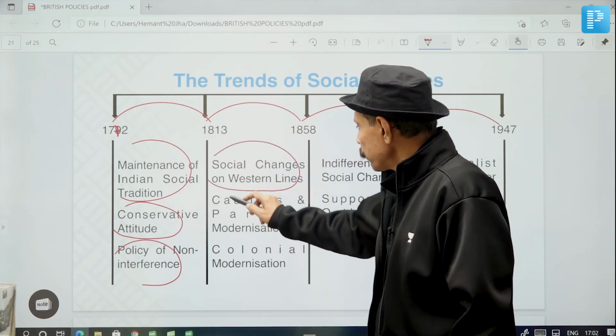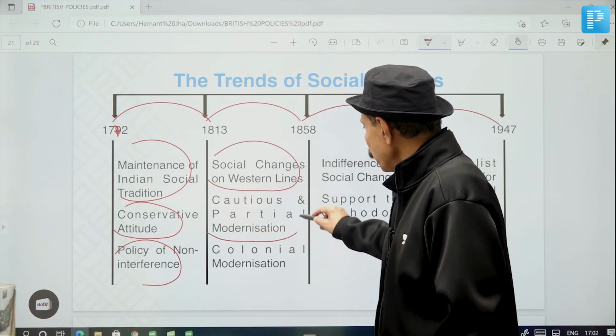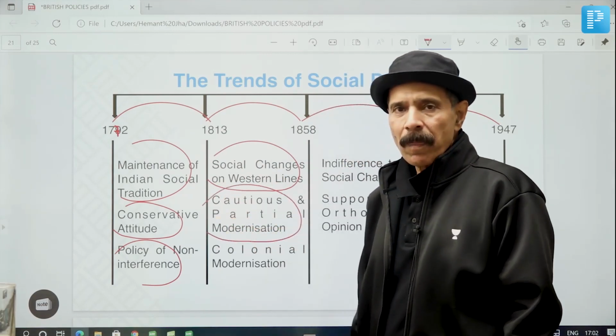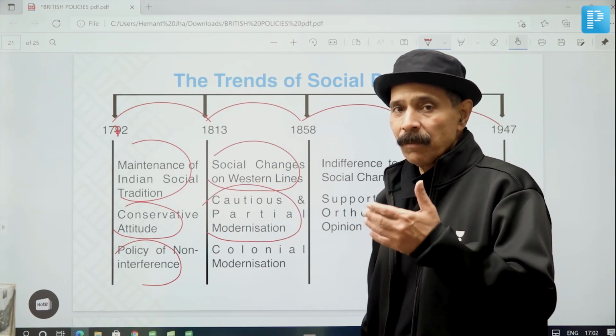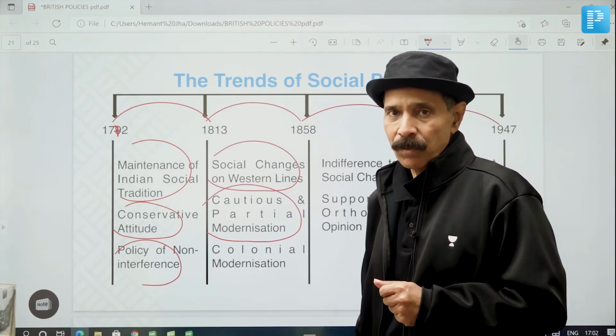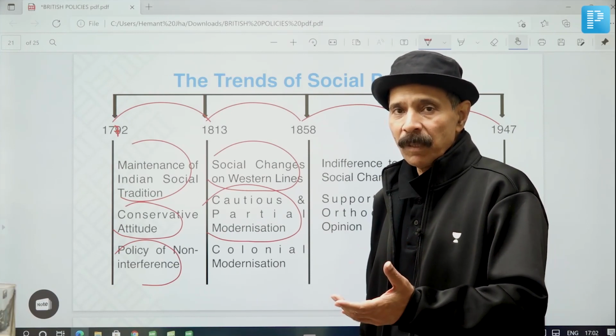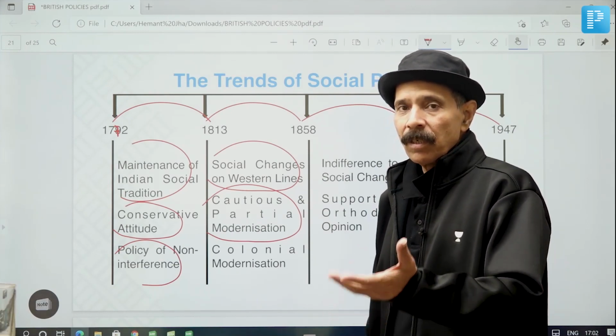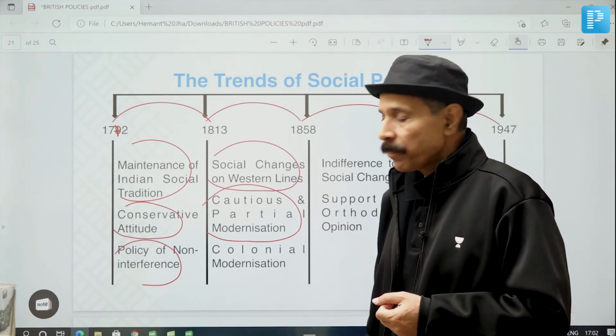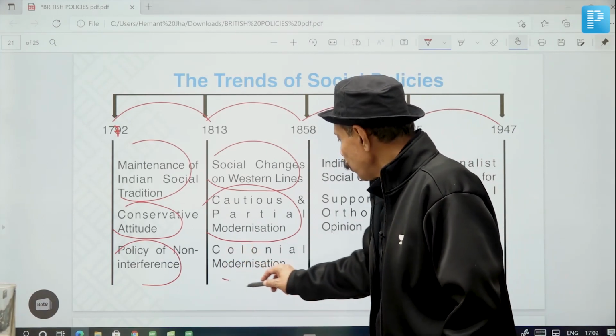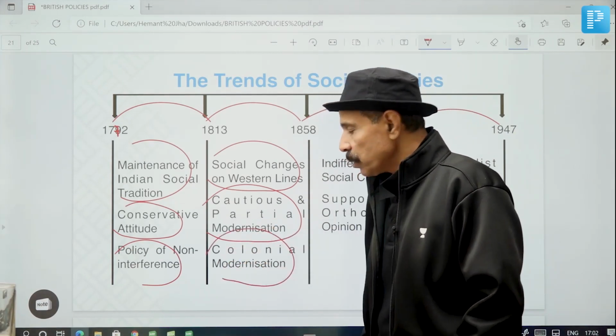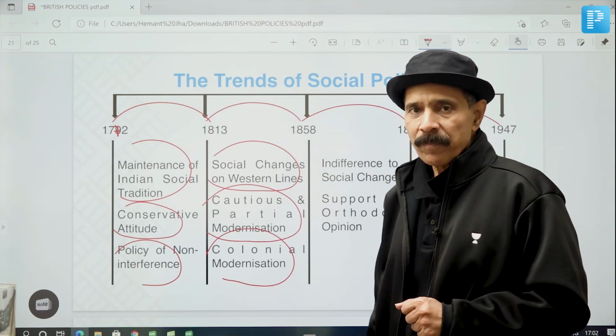This was, in fact, a cautious and partial modernization. Cautious because they were cautious in introducing changes also, because they feared that maybe these changes would produce orthodox reaction. And third, this was a colonial modernization because it was guided by colonial motives.